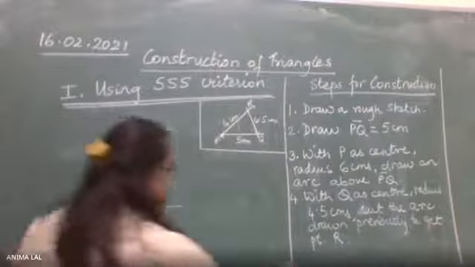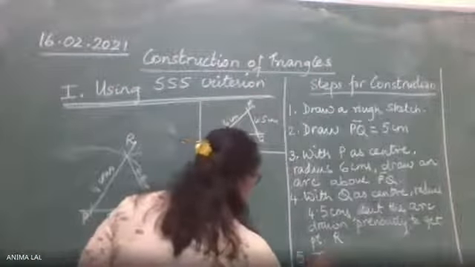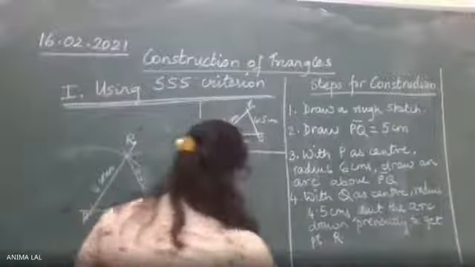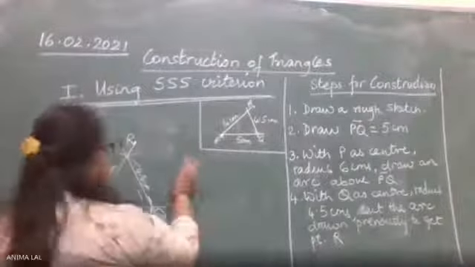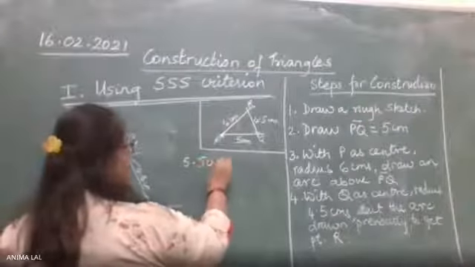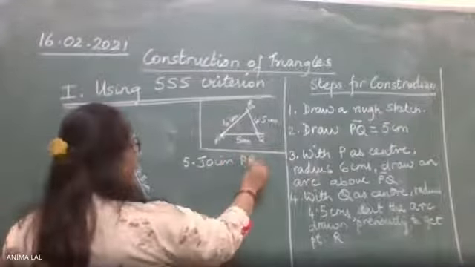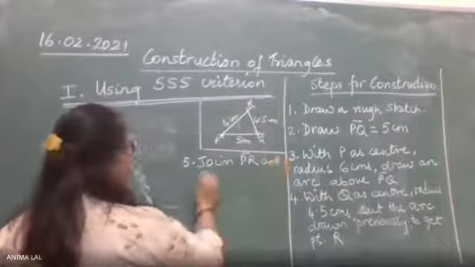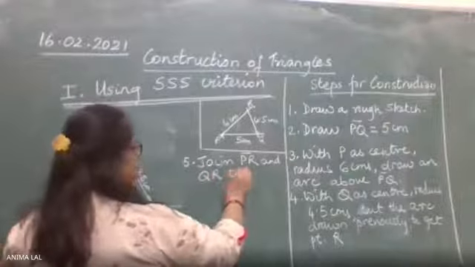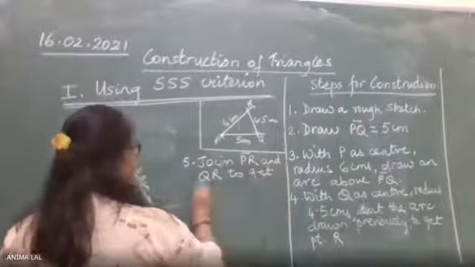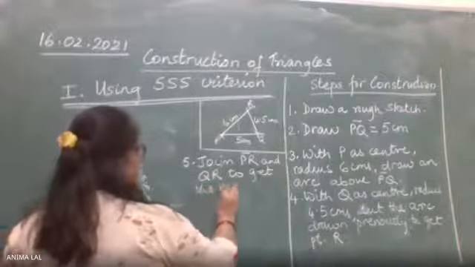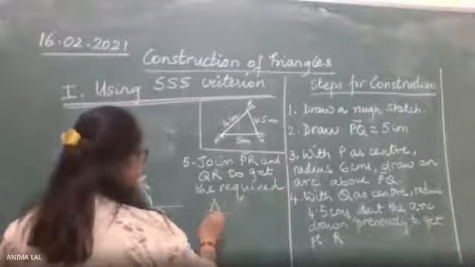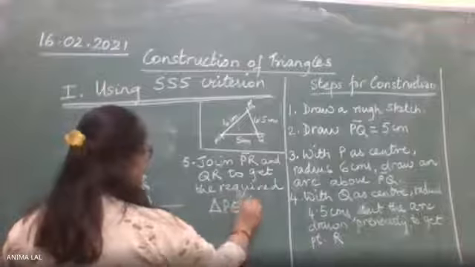So your fifth point will be, if you cannot see, I will write it out here. Join PR and QR to get the required triangle PQR.